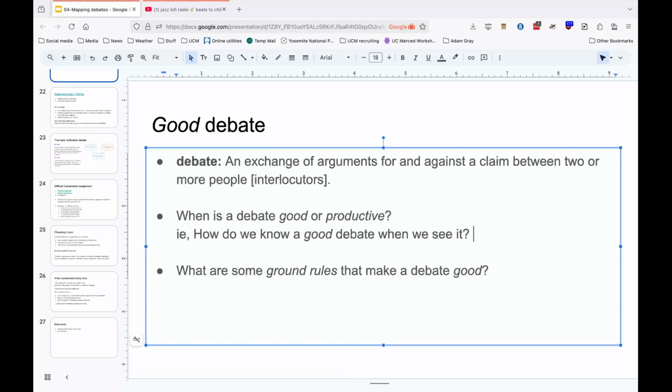I want to hear from some of the quieter folks on where you might fall. Are you more inclined to say a debate is only good if it produces consensus? Or are you more inclined to say a debate can be good if it produces mutual understanding without everyone agreeing? Everyone clear enough on the two basic positions?